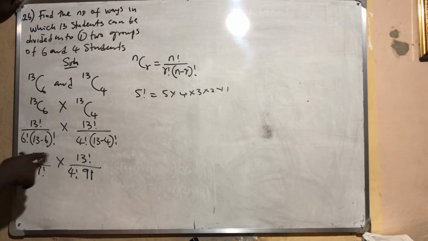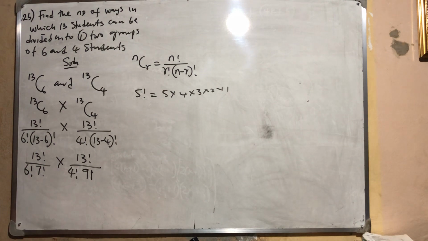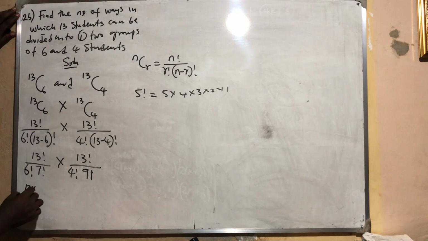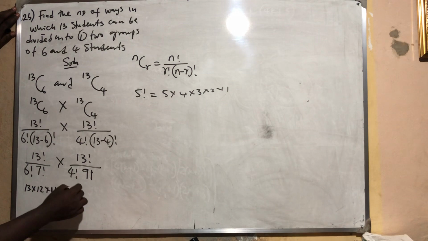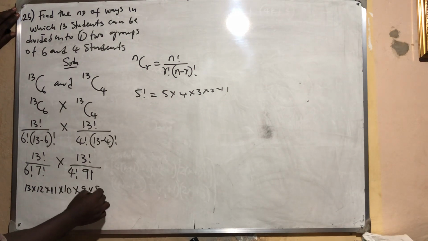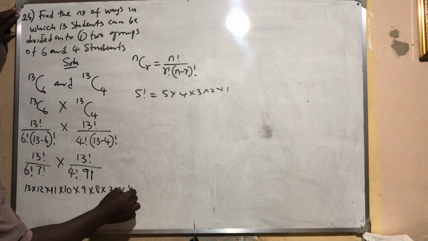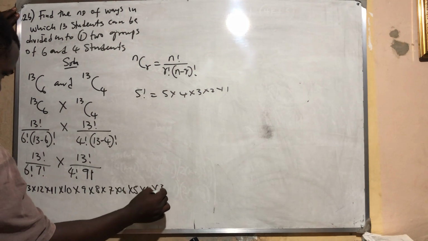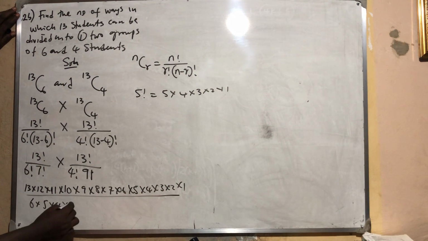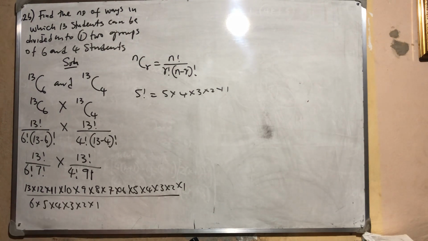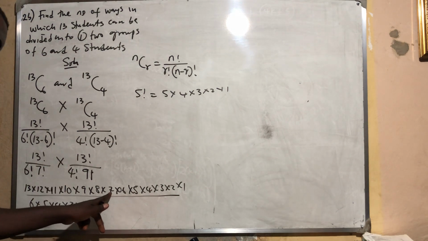So if you do that, just work it out and get your answer. This 13 factorial means 13 times 12 times 11 times 10 times 9 times 8 times 7 times 6 times 5 times 4 times 3 times 2 times 1, all over 6 factorial, which means 6 times 5 times 4 times 3 times 2 times 1. But it is stupid to have 7 factorial in the denominator and still repeat from here to here.